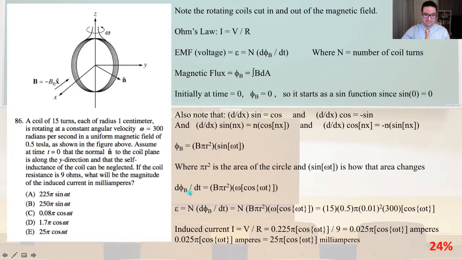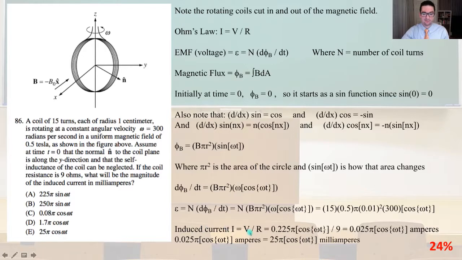So d phi of B divided by dt equals B pi r squared times the quantity W cosine WT, where E equals N times d phi of B divided by dt, and let's plug in some numbers: equals 15 times 0.5 times pi times 0.01 squared times 300 times cosine WT.